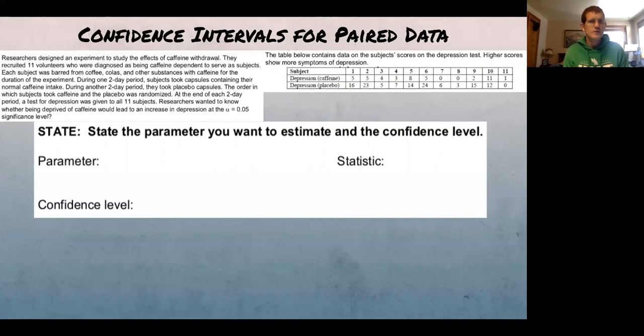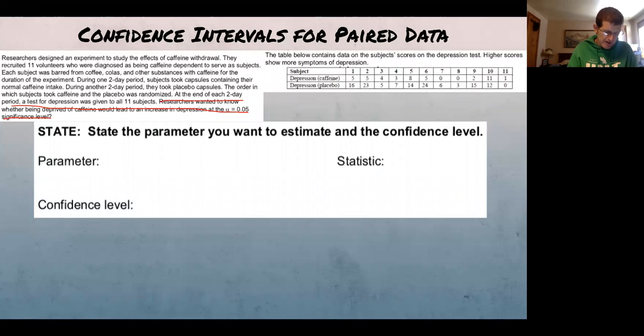Researchers wanted to know whether being deprived of caffeine would lead to an increase in depression at the alpha equals 0.05 significance level. So we're actually going to change this problem. I screwed this up a little bit. We're going to construct, instead of this, and we could come back to this and do the actual hypothesis test, but we're going to construct a confidence interval for this.